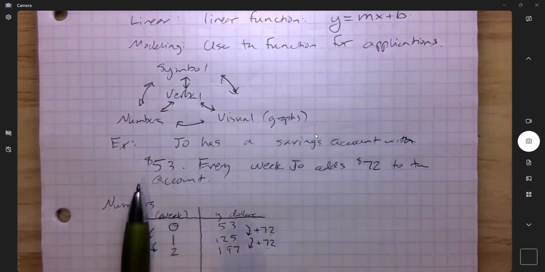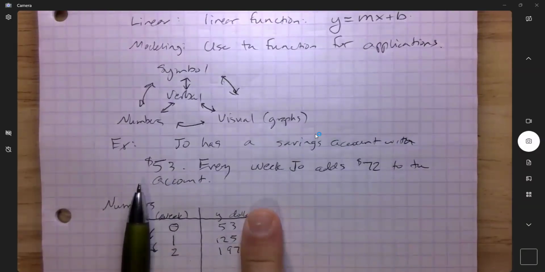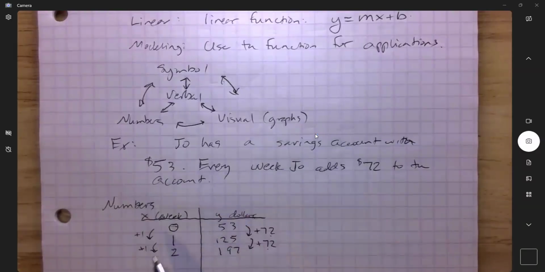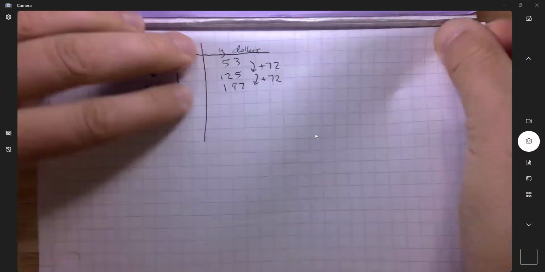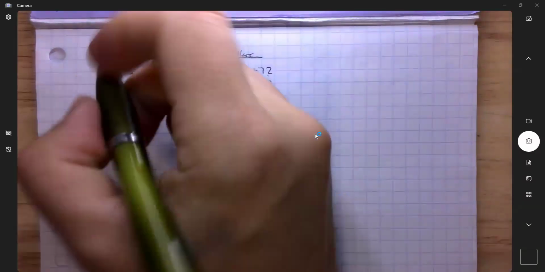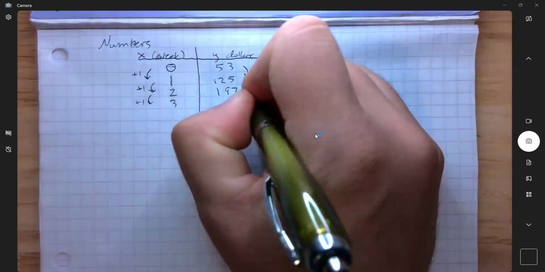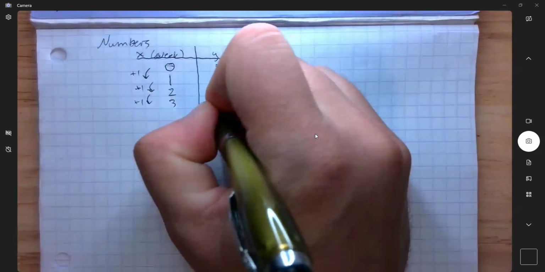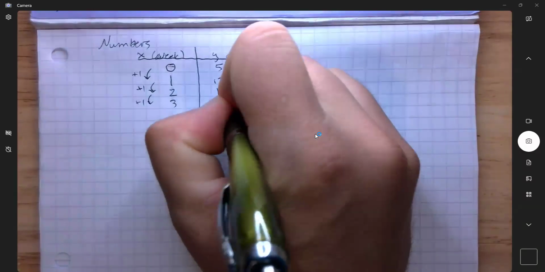Often you won't see the plus part, you'll just see the table. But I like writing the plus to remind myself what's changing on the input and what's changing on the output. Let's do a couple more. Next week, we're going to add another 72. That's 269.